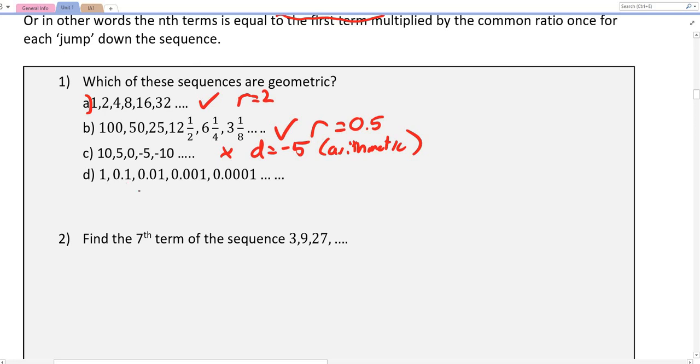Arithmetic, geometric. Geometric, what's my R value? So there's a few ways we could write it. We could write R equals 0.1. We could say R equals 1 over 10. We could say R equals 10 to the negative 1.